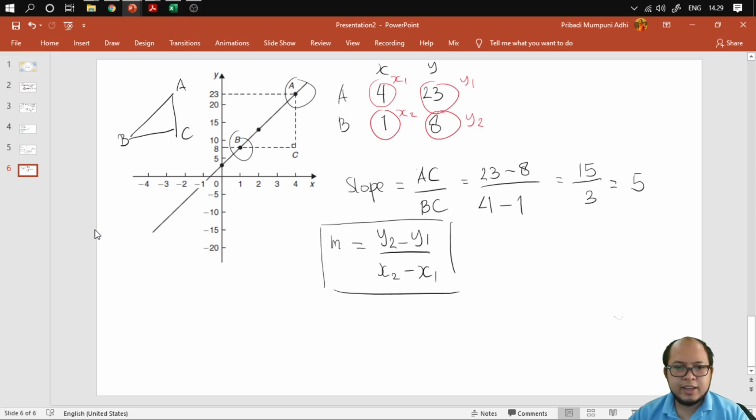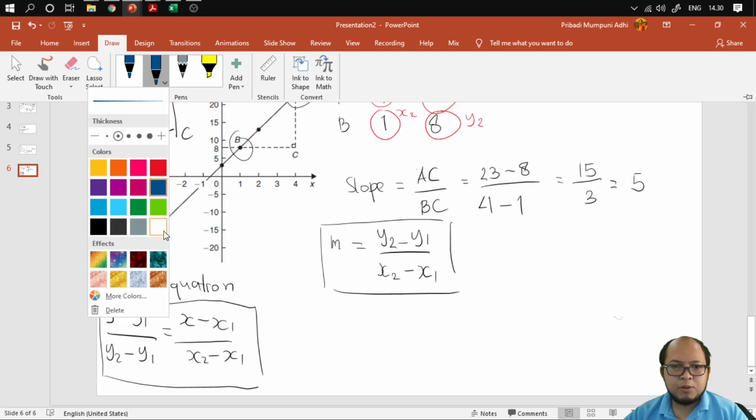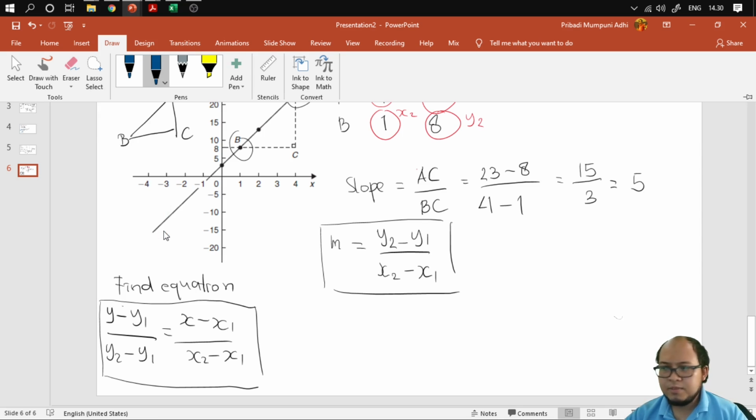And to find the equation, we can use this formula: y minus y1 over y2 minus y1 will be equal to x minus x1 over x2 minus x1. So we will do the calculation to find the equation.